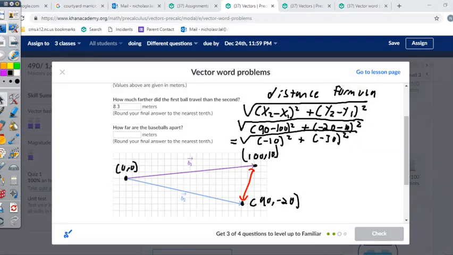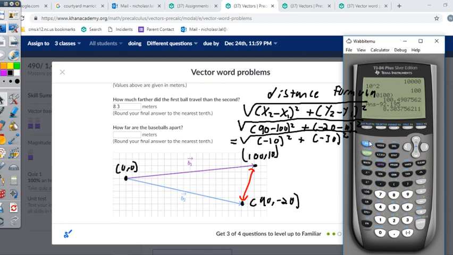So the square root of 10 squared plus 30 squared. Let's keep things technically correct: 10 squared plus negative 30 squared.